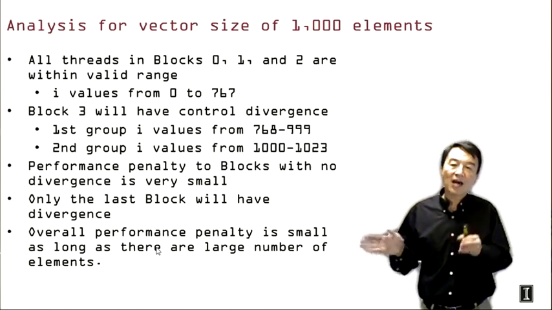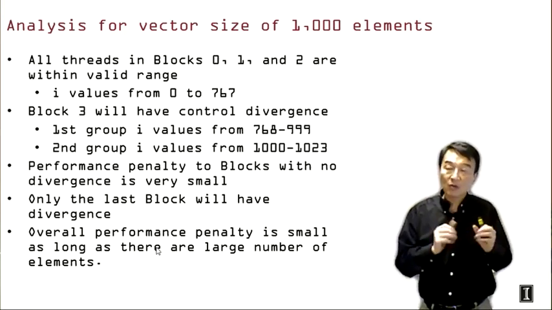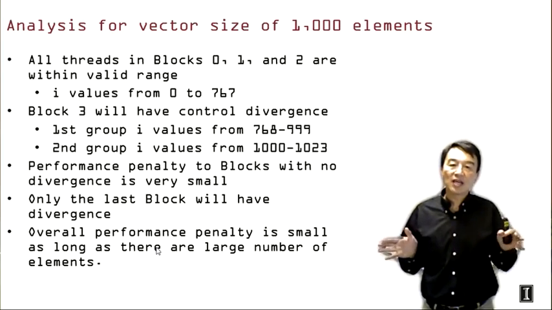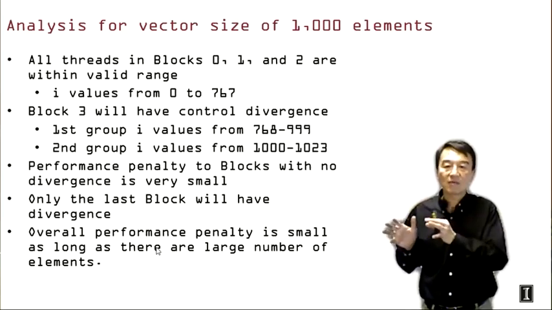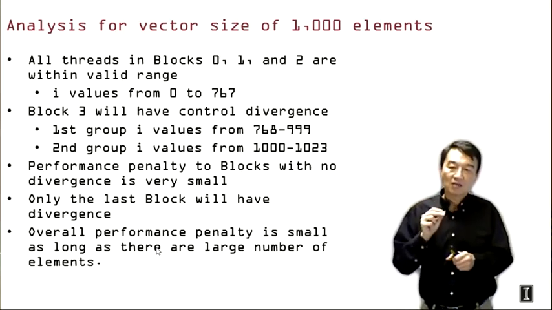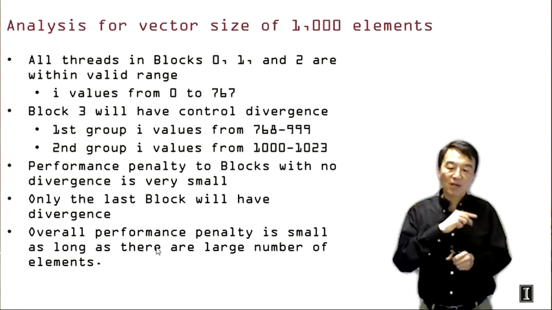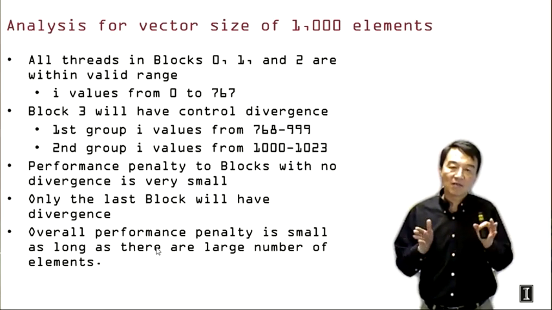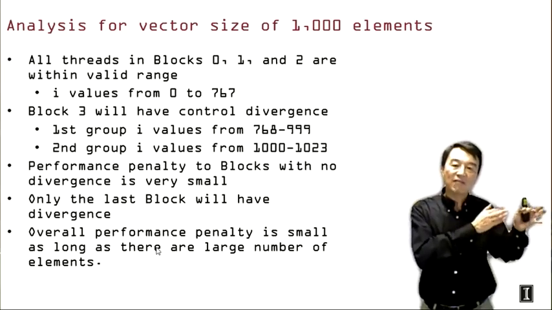On the other hand, block 3, the last block, will experience some control divergence, but not to all the warps. All the warps from 768 to 999 in thread index will actually still go in one direction. They all still fall into the valid range. The only real control divergence actually happens in the very last warp of block 3. Essentially, you will have values from 1,000 to 1,023 that are outside the valid range.